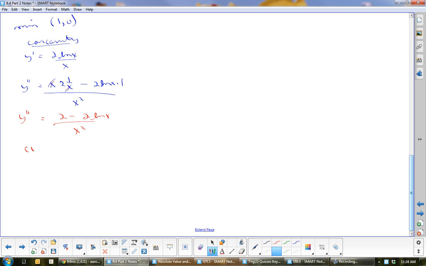So I've got CVs. Oh, you know what helps make this even easier? If I take out a 2: 2 times 1 minus ln x over x squared. So I got CVs at 0, and when 1 minus ln x equals 0, so that is when ln x equals 1, and that's when x equals e.